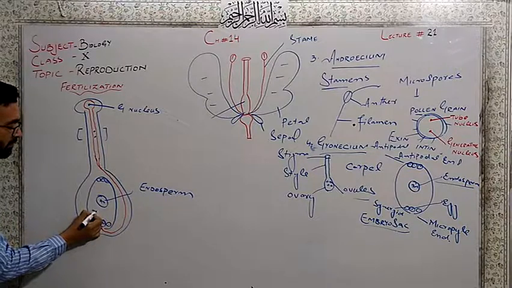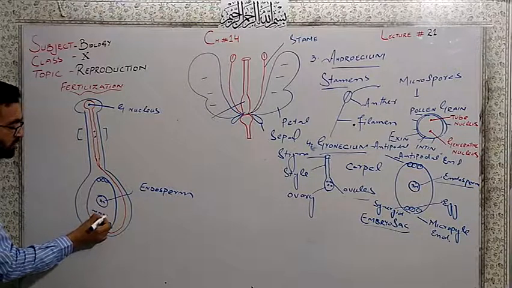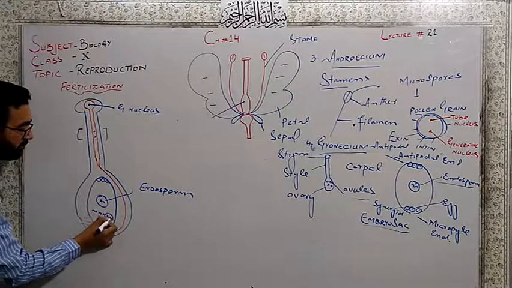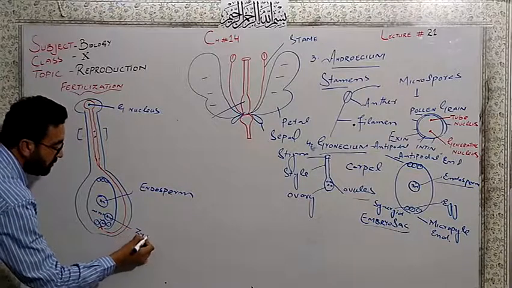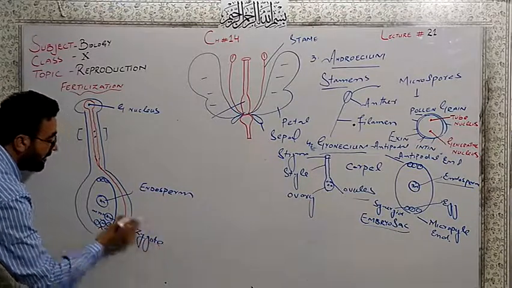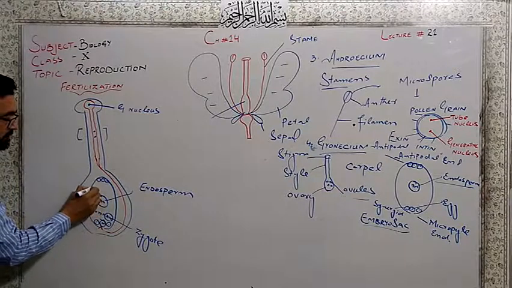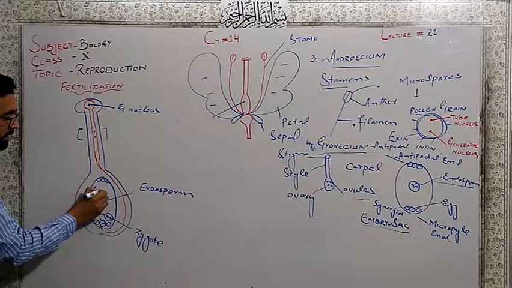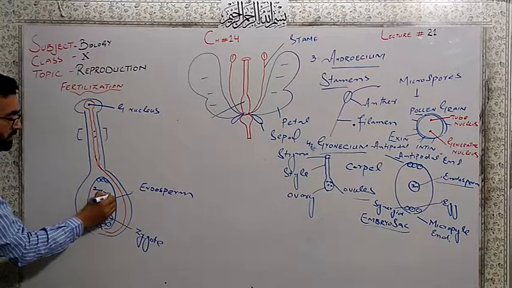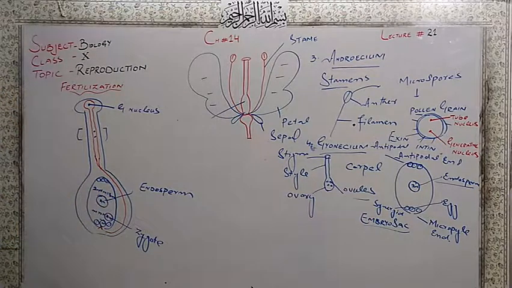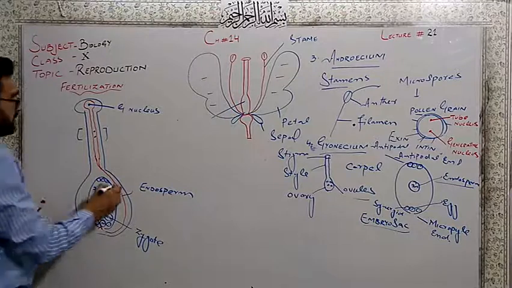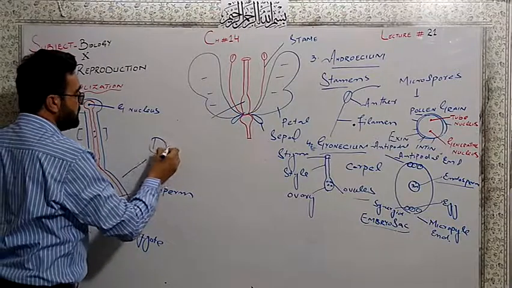When the egg is fertilized, a 2n zygote will be formed. On the other hand, the other fertilizes the endosperm, so 2n plus n is equal to 3n, and this type of fertilization is called double fertilization.